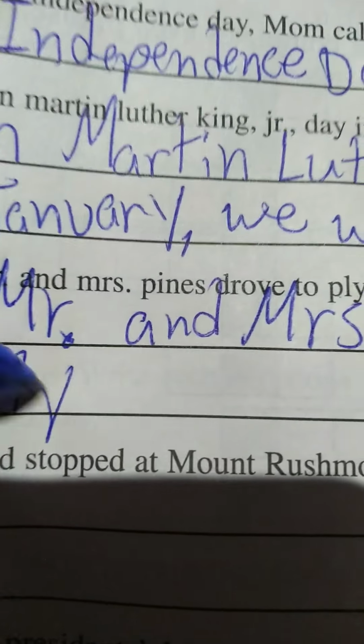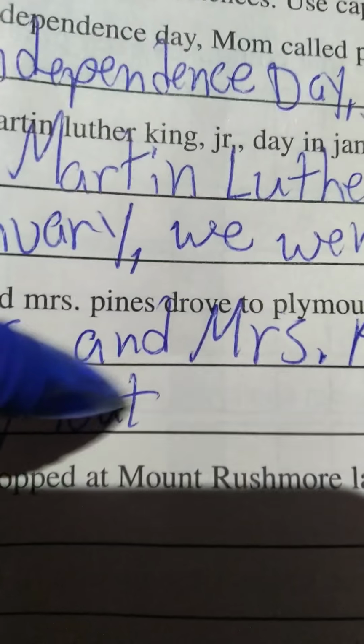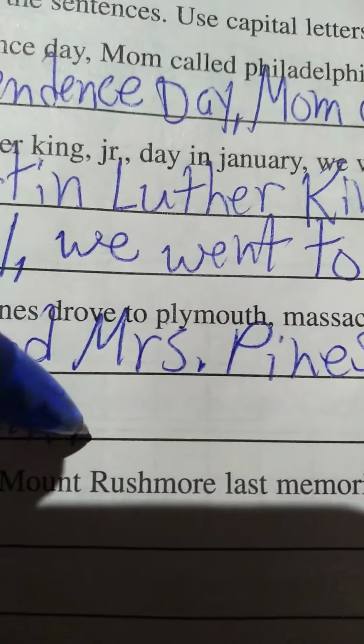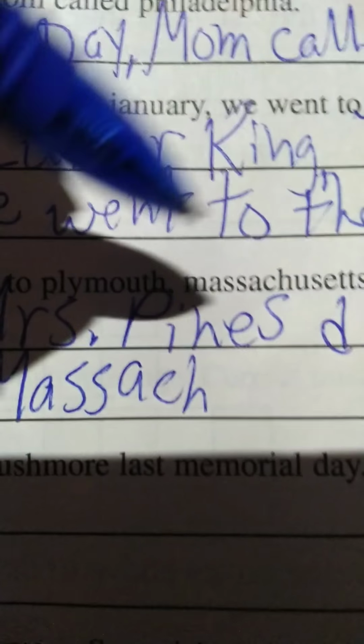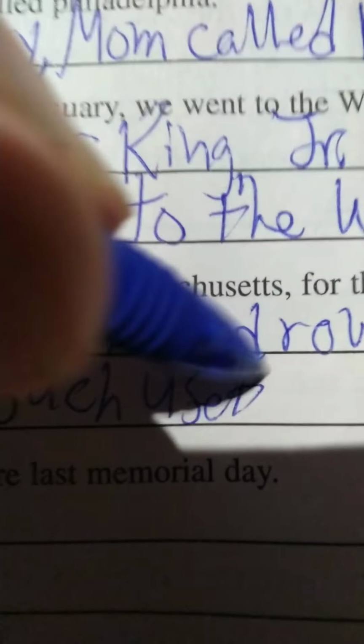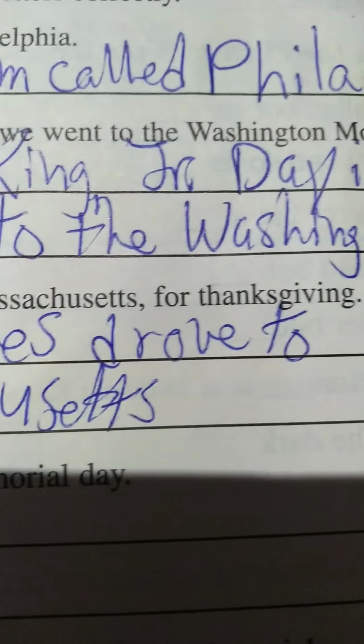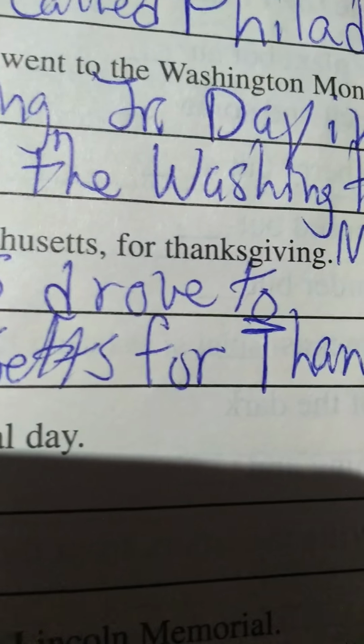Names a place. Plymouth, Massachusetts, capital M. Alright, Massachusetts for Thanksgiving. Thanksgiving is a holiday, so that's capital T. Thanksgiving. Capital T on that one.